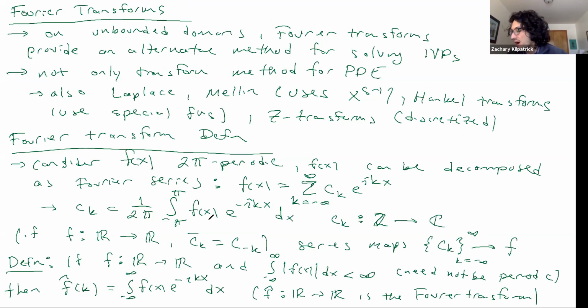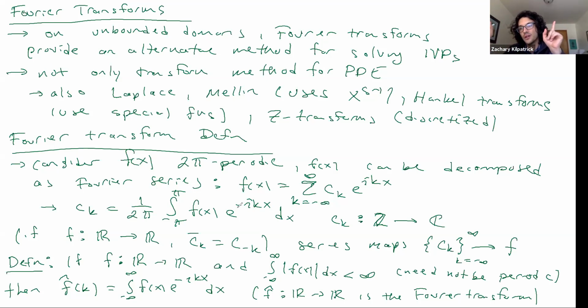So you're acting as if you have an L periodic function, but where L is going to be very long in this case.